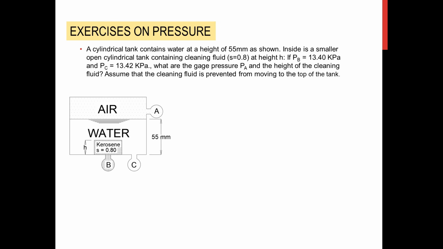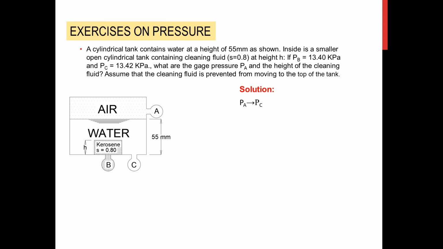If pressure B reads 13.4 kilopascal and pressure C is equal to 13.42 kilopascal, what are the gauge pressure PA and the height of the cleaning fluid? Assume that the cleaning fluid is prevented from moving to the top of the tank.